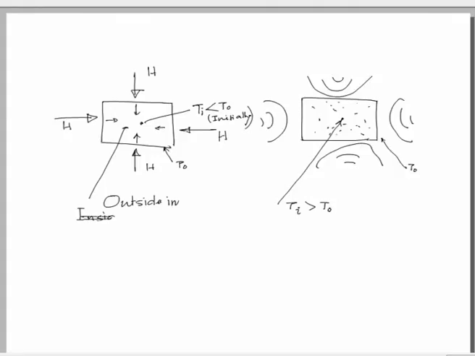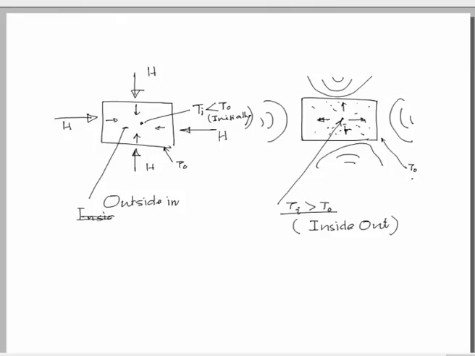So, therefore, because of this region, this is also called inside out heating. That means, if this temperature is higher than that of outside temperature, therefore, heat will be transferred from this side to this side.